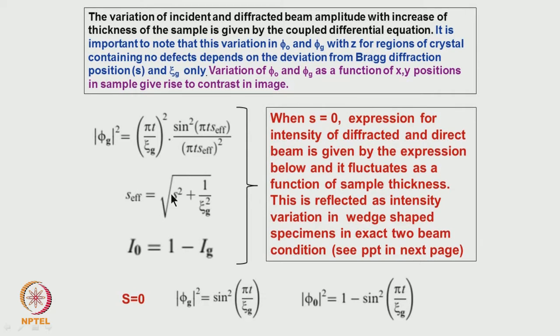So this theory explains under all conditions how the contrast will vary, whereas the kinematical theory can explain it when the deviation from the Bragg angle is large, but not under exact Bragg condition. Is it clear?